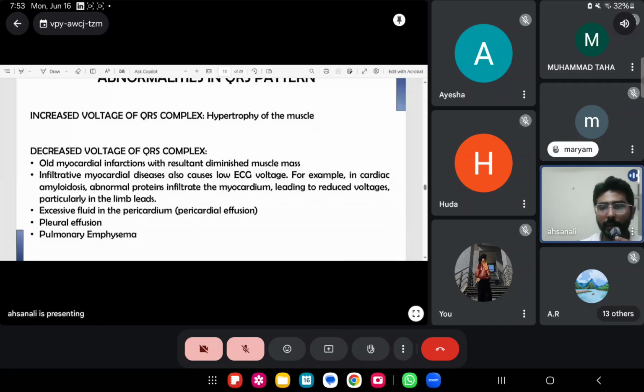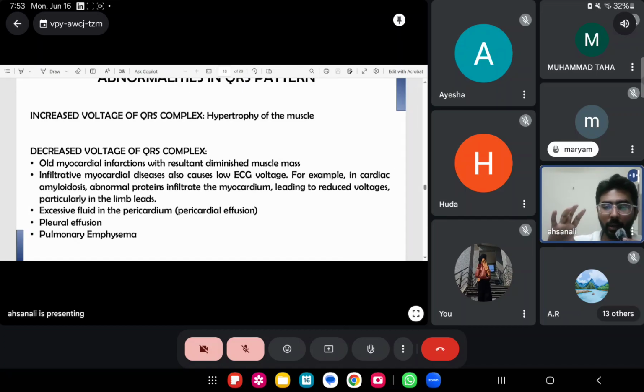So the QRS complex can have two things: either very wide QRS complexes, more than 0.12 second, or a very narrow or small QRS complex, which can occur in infiltrative diseases, in a large pericardial effusion, in amyloidosis or sarcoidosis. If you have a large QRS complex with very large voltage, the first thing you need to check is the normal voltage.